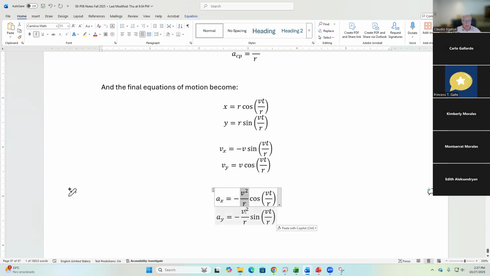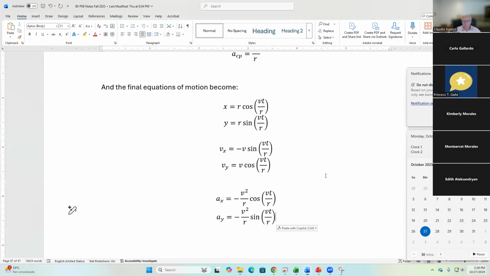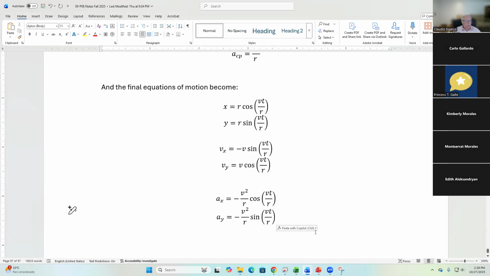And here's the centripetal acceleration, X and Y components of the centripetal acceleration.